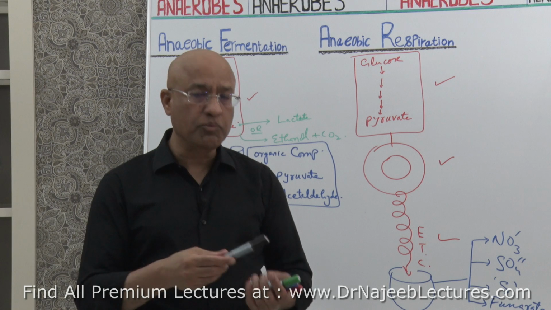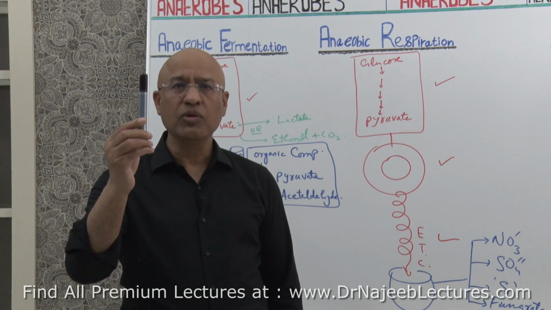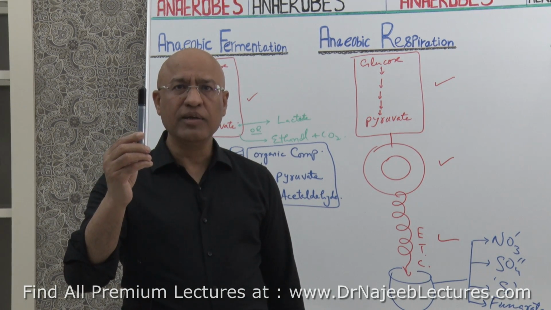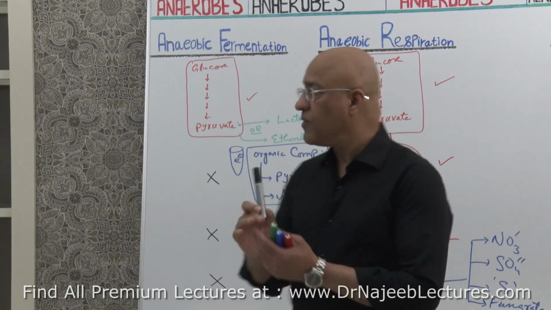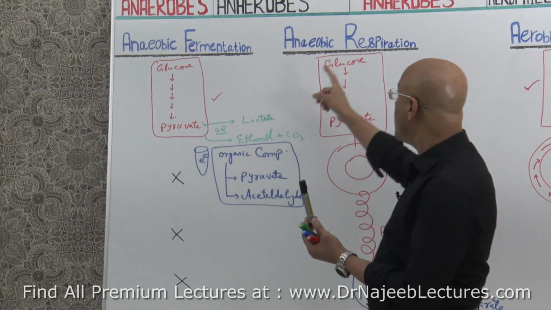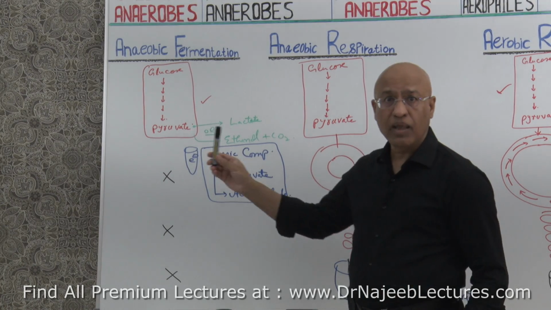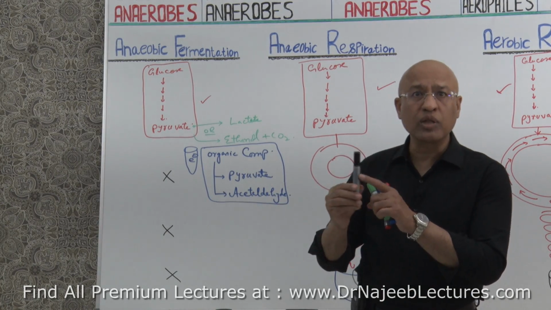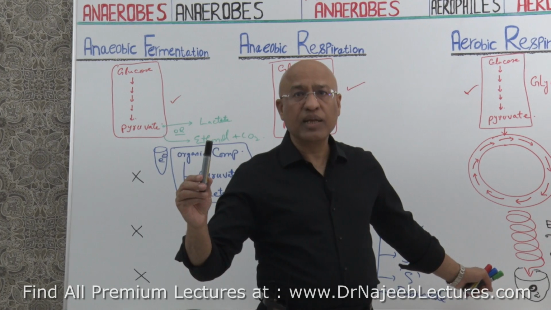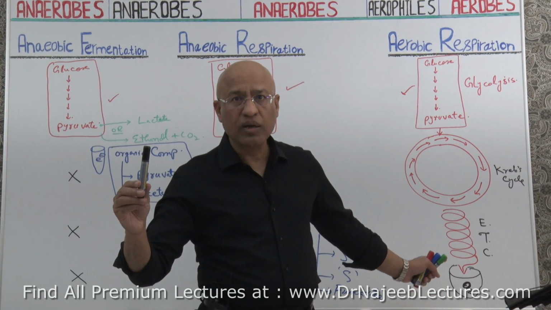But suppose there is another bacterium, very primitive in its biochemical reactions, that can only do anaerobic fermentation and anaerobic respiration, right? It cannot use molecular oxygen as the final electron acceptor.